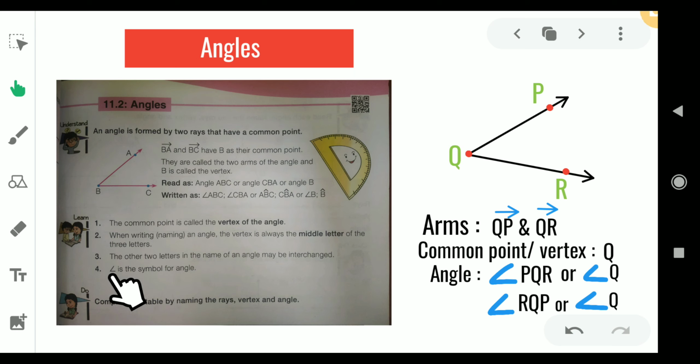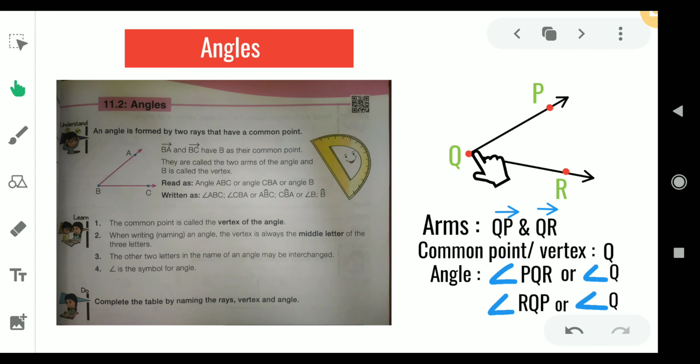Last point, this symbol is the angle symbol, which is used to represent an angle. To name any angle we use this symbol. So right now we read it as angle ABC, angle CBA.